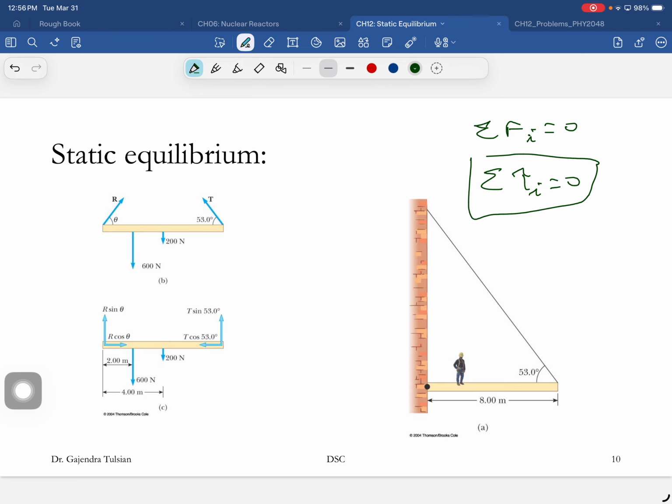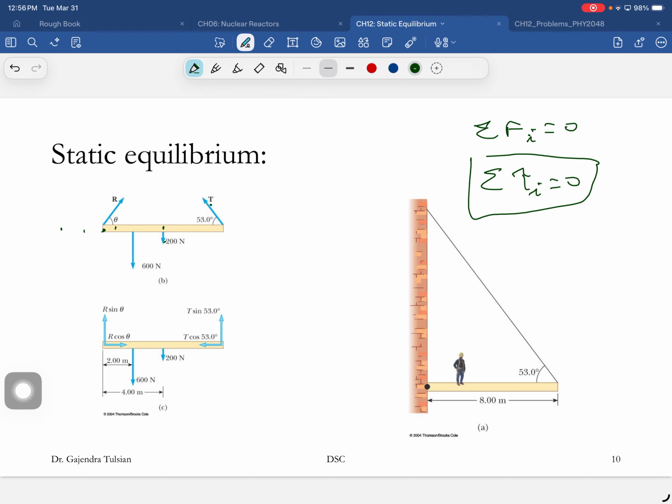Okay. Now here's the trick. The torque of any force depends on what point you calculate the torque about. For instance, the torque of this force is 0 about this point, but it's not 0 about this point. So what point do I calculate the torque about?